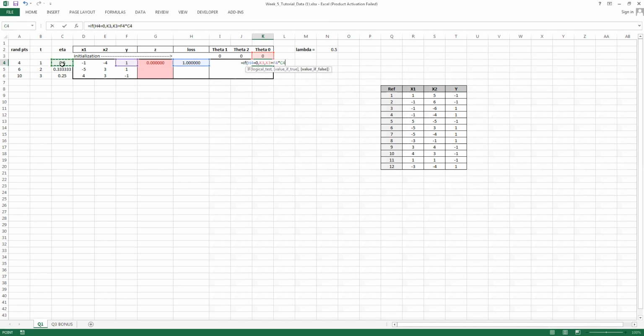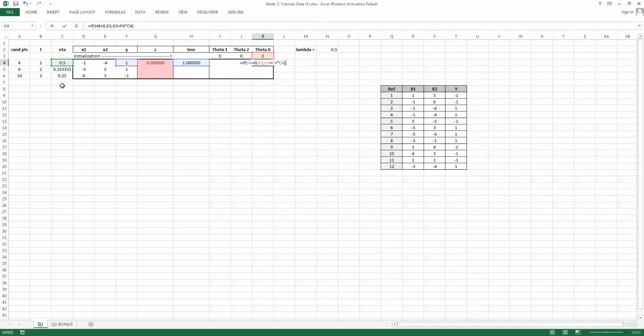The eta is shrinking, and the idea here is this is just going to shrink our updates over time to make sure that they converge, because we could potentially have a problem where the updates will not converge and our line will keep on wiggling back and forth between two different positions or something, right? We could have non-convergence if we don't shrink our updates. And so that's why we have this eta, which is going to get smaller with each step.